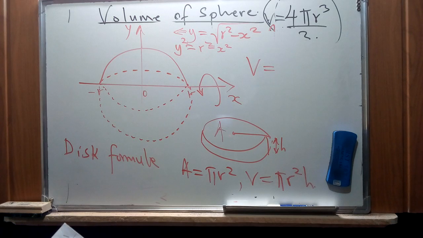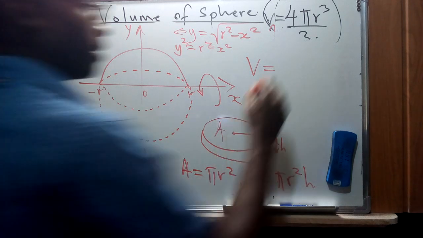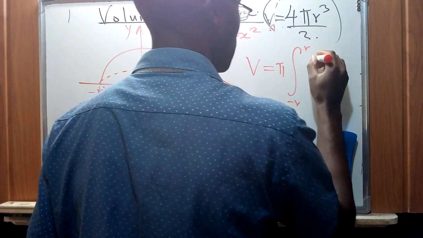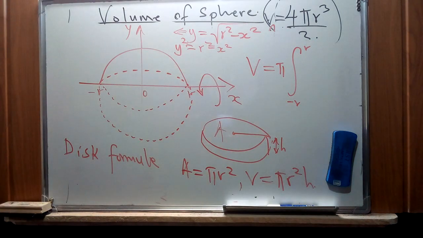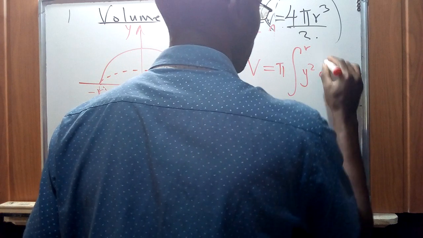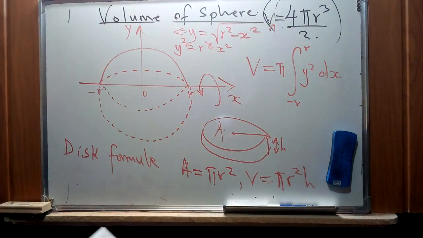The disk formula states that the volume of the sphere formed from the rotation of this particular curve is the product of pi and the integral of y squared with respect to x, that is, pi times the integral of y squared dx.